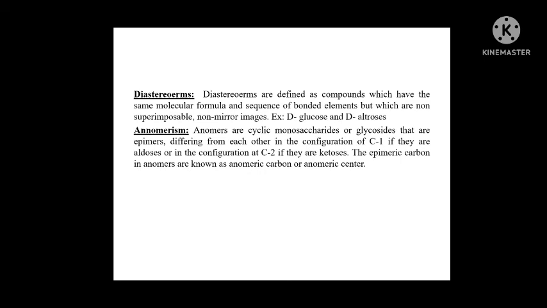If an aldose group is attached at C1, we call them aldoses, and if a ketone group is at C2, we call them ketoses. The epimeric carbon in anomers is known as the anomeric carbon or anomeric center. So that is about anomerism.